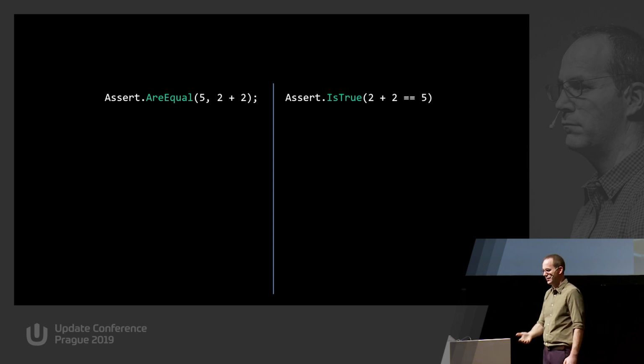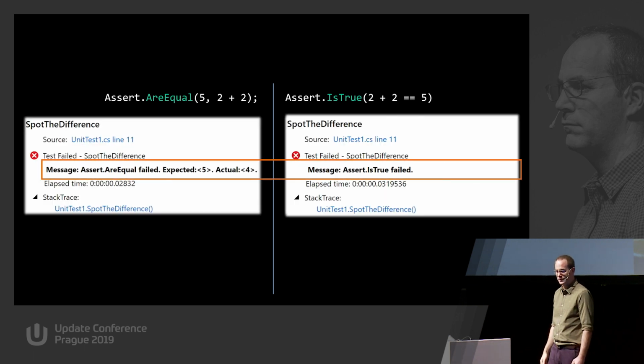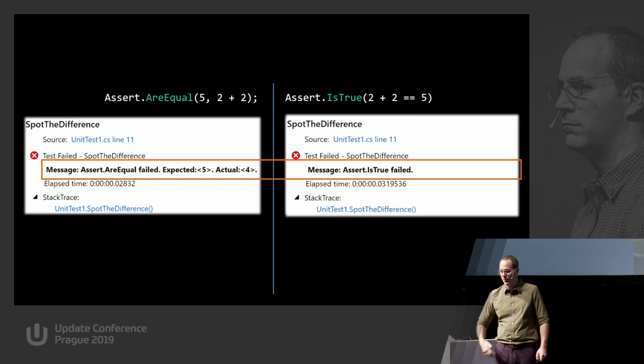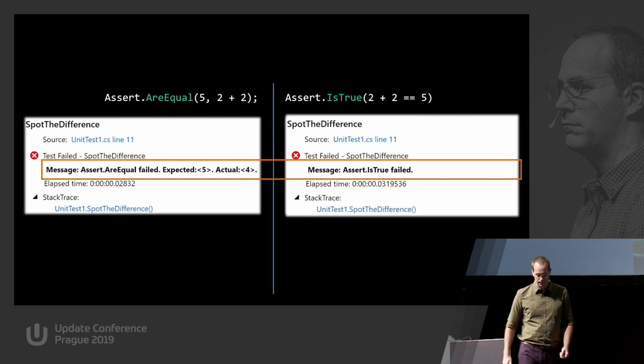There are many assertions, and I need to choose the right one. I don't want to. I just want to make sure that this is true. Unfortunately, when it fails, it only says, okay, it's false. With no data whatsoever, I need to open my debugger. It will take me a few minutes. I don't like doing that. I want to see all the errors together, especially if it failed on my build server where I can't really open my debugger. So what can you do?